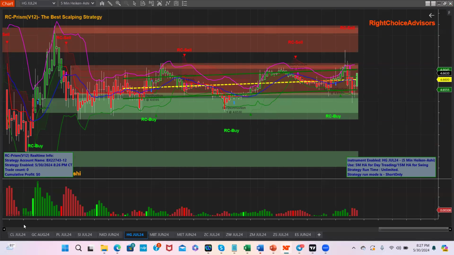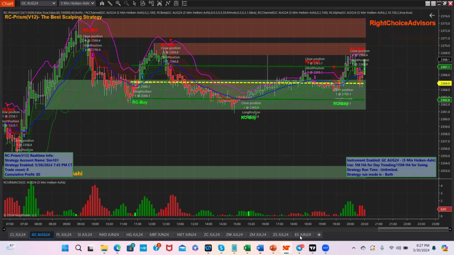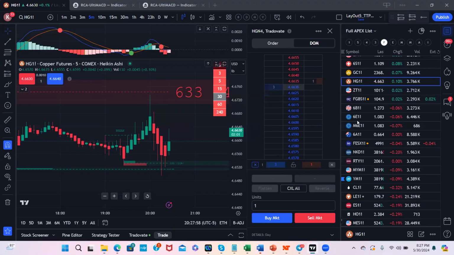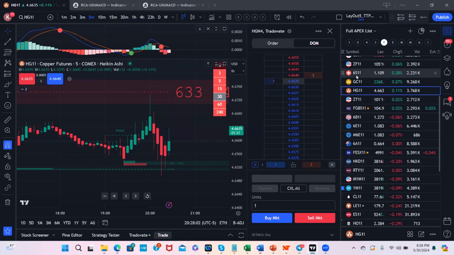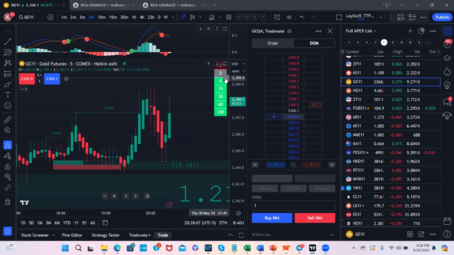Okay, let me go to each tab. CL we already checked, it is overall looking bearish. Now let us go to gold. If we go to TradingView, where is gold? Overall it is looking more bullish than bearish.